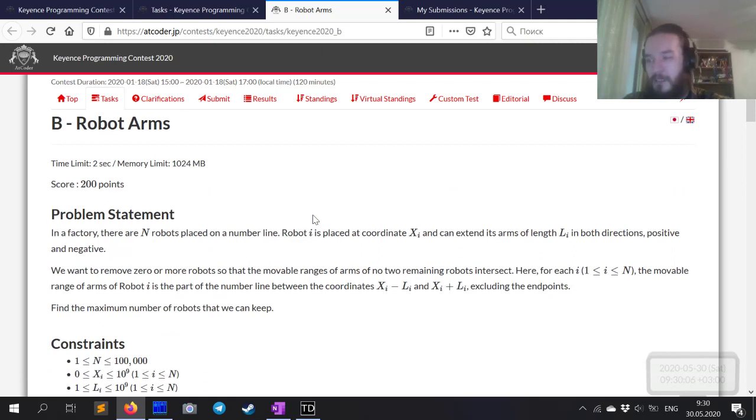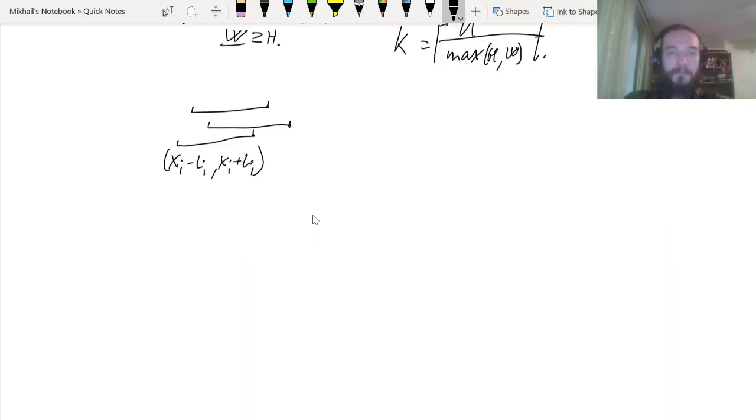When you're starting to learn easy scan line, greedy and sorting, that's a problem you're very likely to encounter.